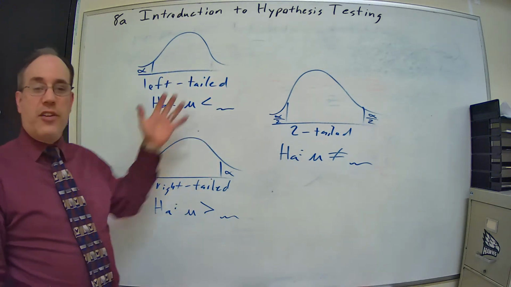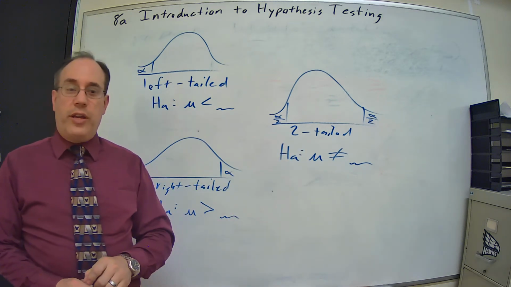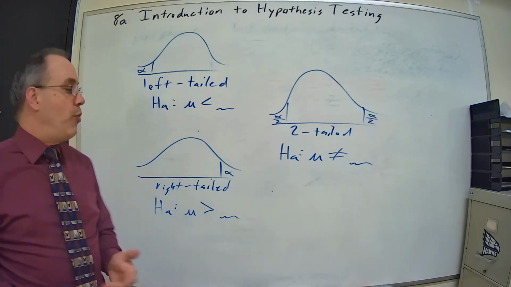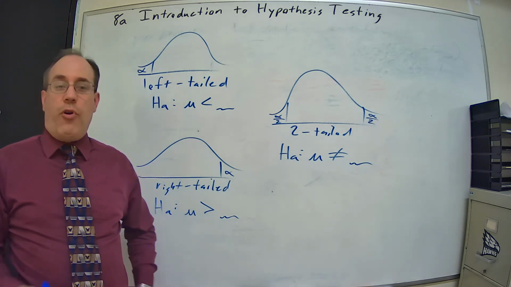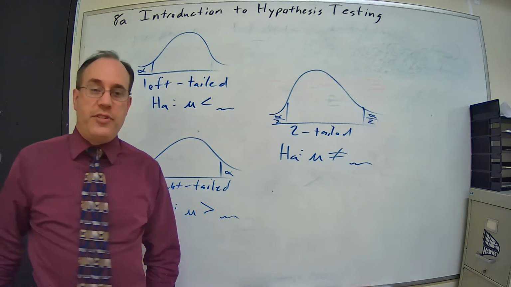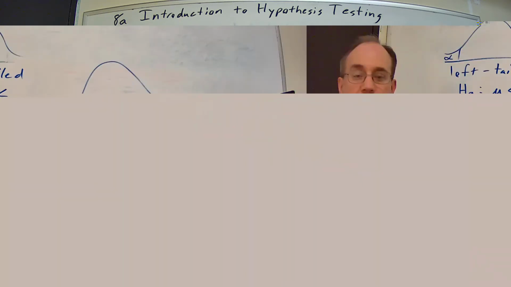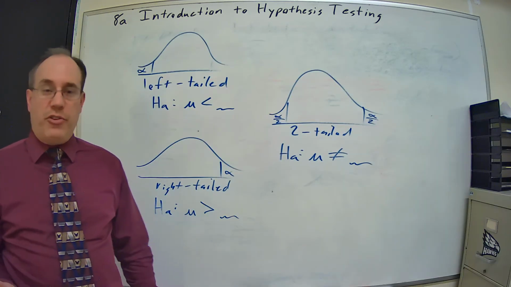So this is getting us closer to what we're going to need. Now, what we are going to use initially for testing hypotheses for a population mean is p-values.